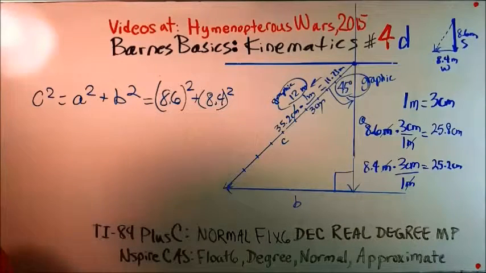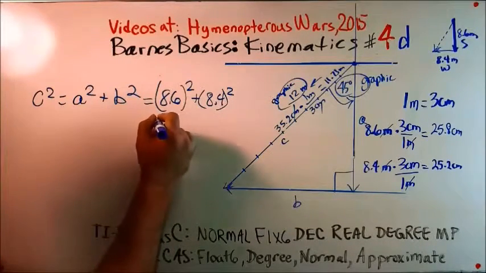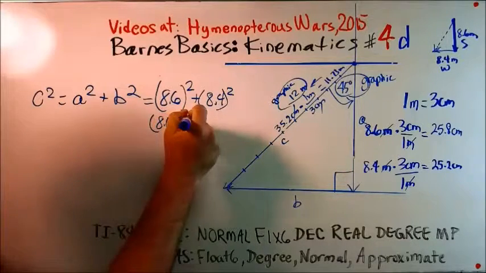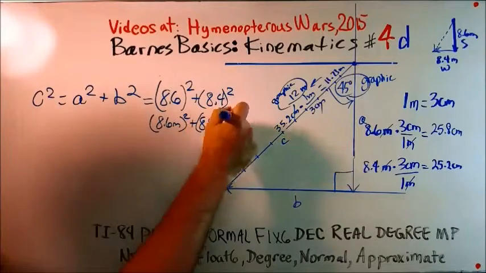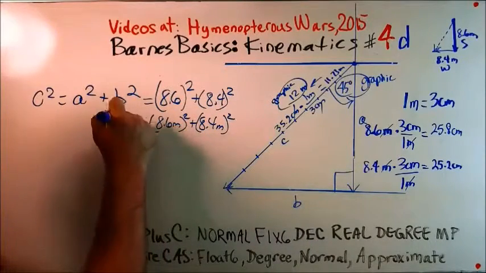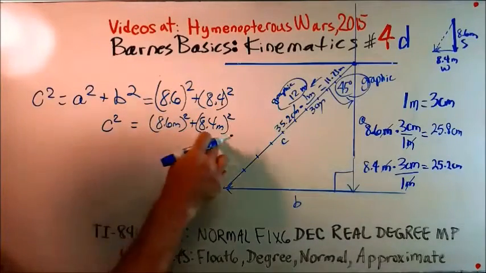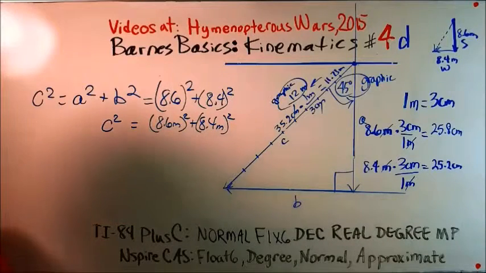Now, it is true that in this problem, let's look at this once again, that this is 8.6 meters that are squared, 8.4 meters that are squared. That way, when we look at c squared, we can know that when we get the square root of it, we're going to be back to meters, which is our goal.